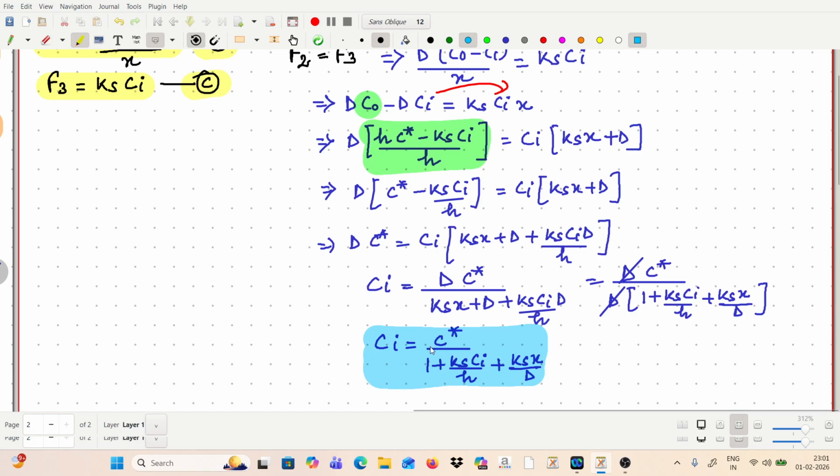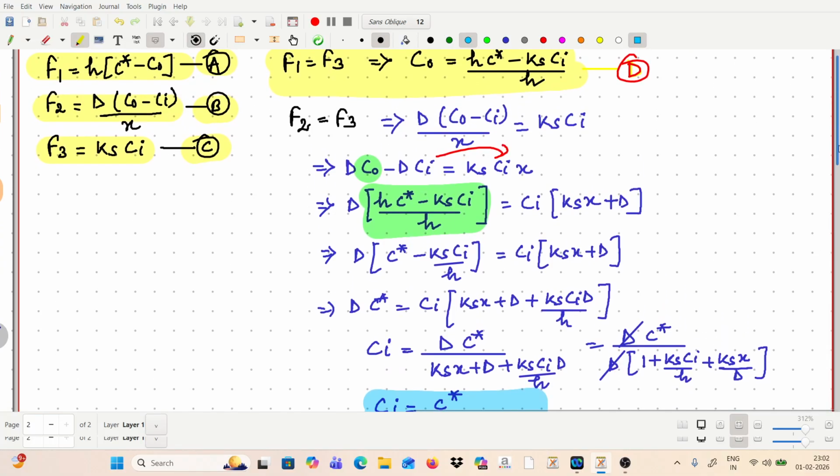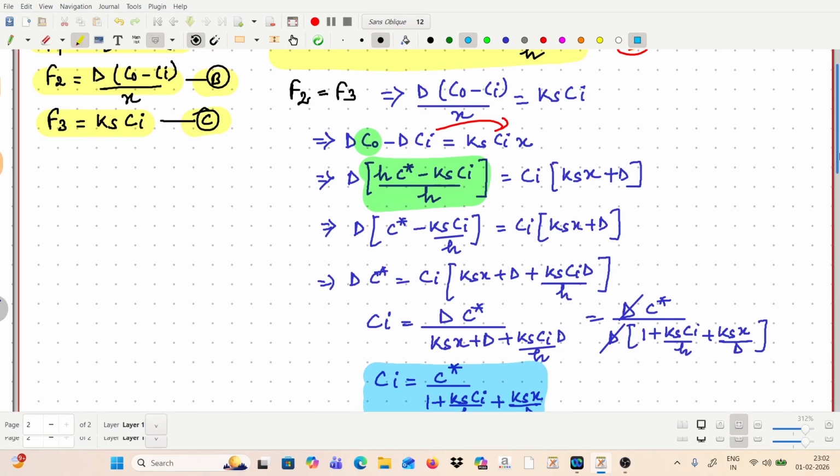Now CI is known to us, so we can directly write the C naught value also. This one I am saying is equation number E.